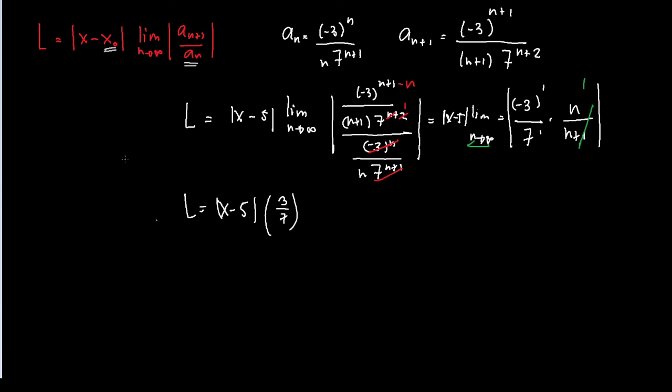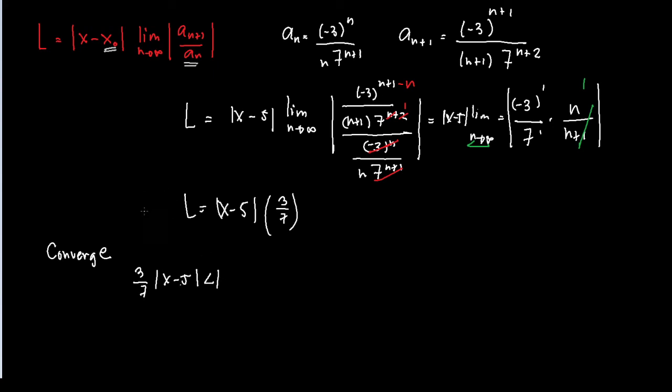So from here, what we can get is the convergence and divergence of the power series. Now from our statement previously, a series will converge if our ratio test is less than 1.